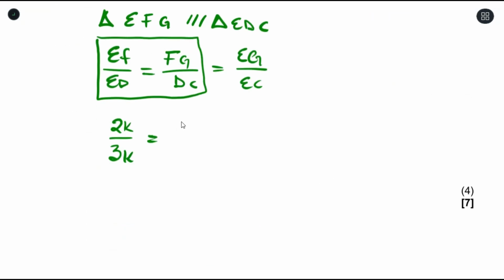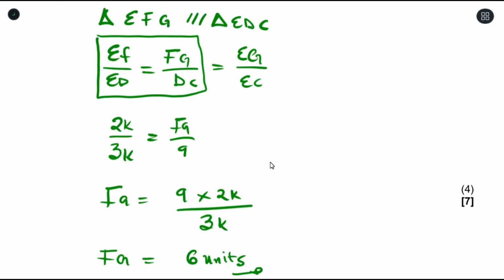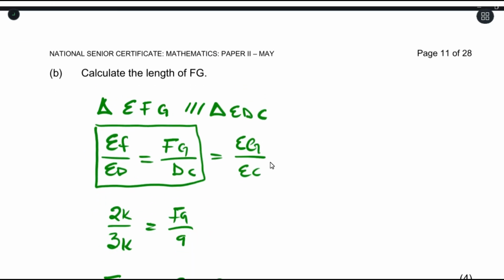Cross multiplying, you have FG is equal to 9 times 2K over 3K. Therefore, FG is equal to 6 units. And that's exactly what they wanted us to do for this particular question.